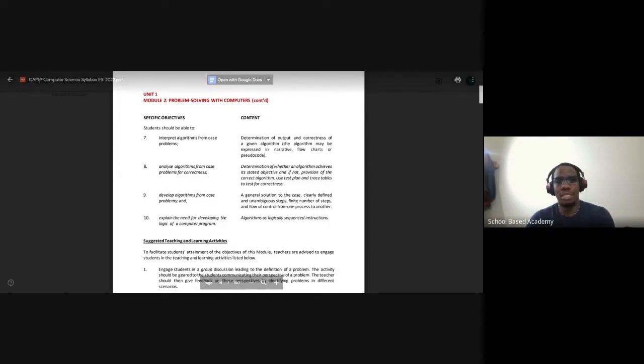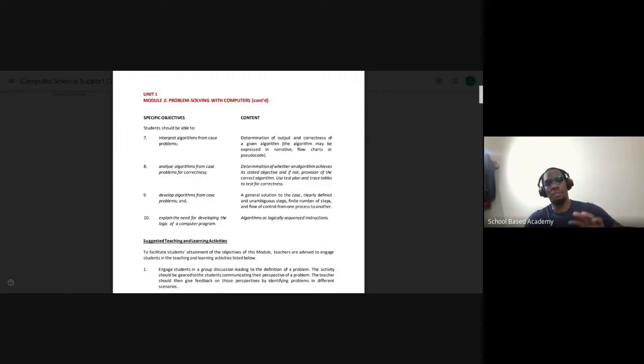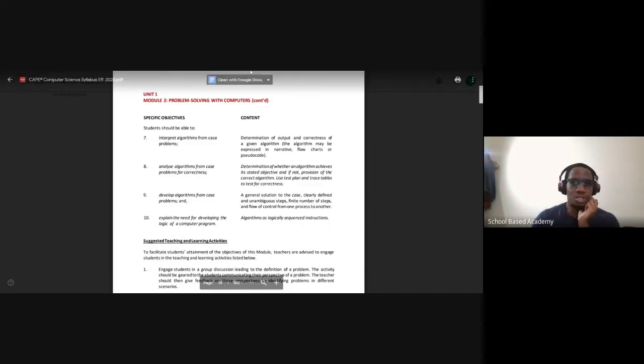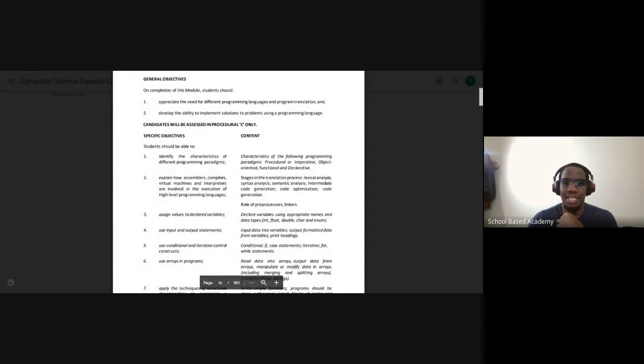Okay, so this is all about algorithms. The second section, it's quite simple. It's nice. It calls for some logical thinking. So if you're not very good at logical thinking, we're here to learn how to think logically and how to think step by step.